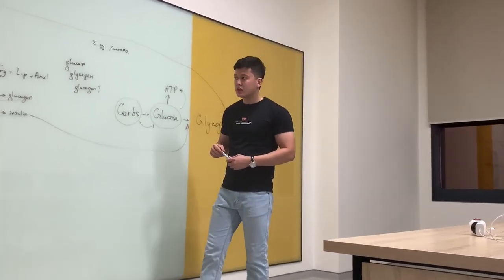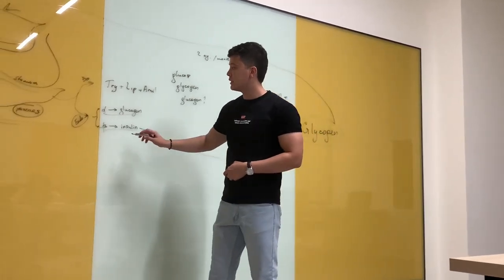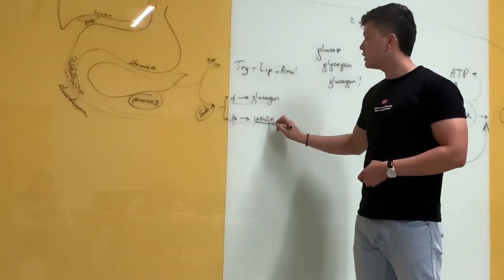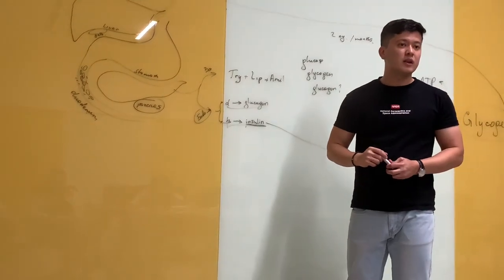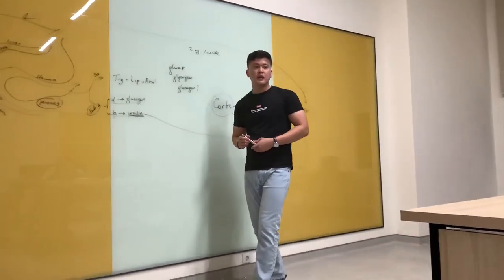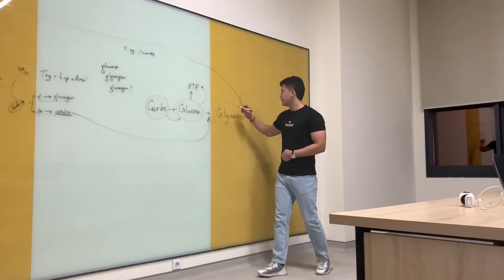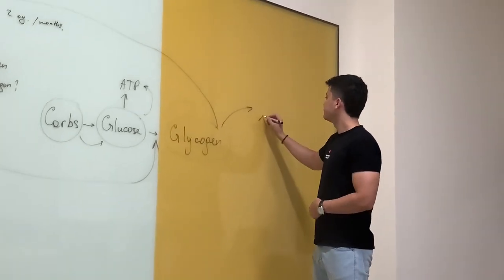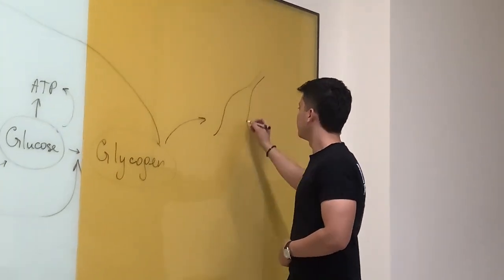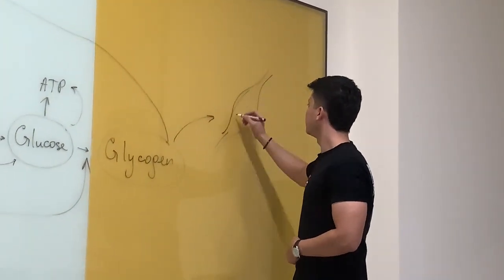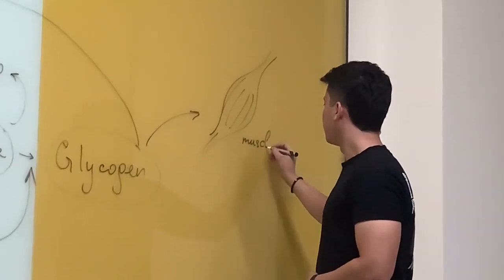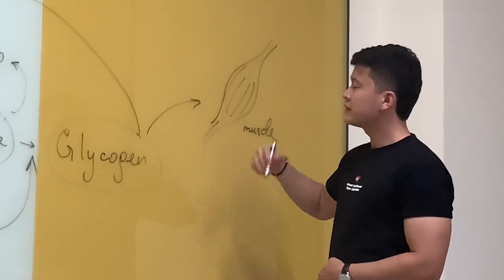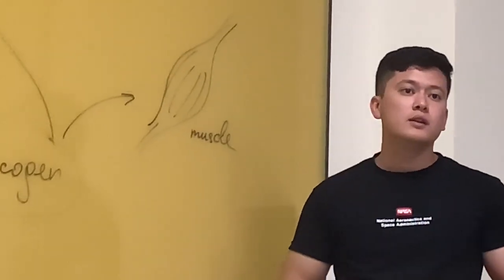In diabetic people, the alpha and beta cells in the pancreas do not produce insulin, or the cells become insulin resistant, all our muscle cells. Or the glycogen is stored in the liver, or they store all the glycogen in the muscle cells.